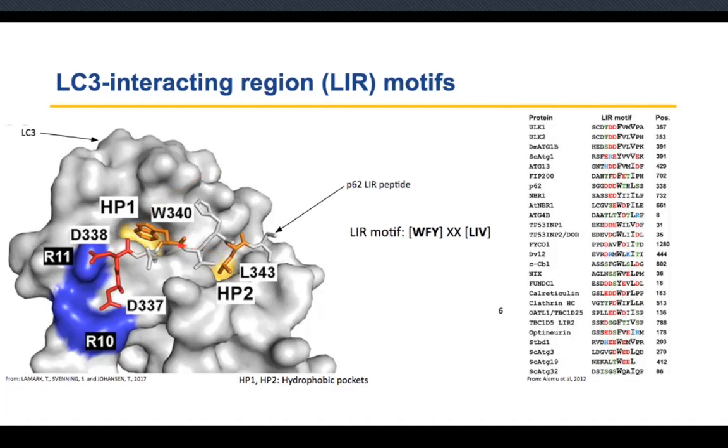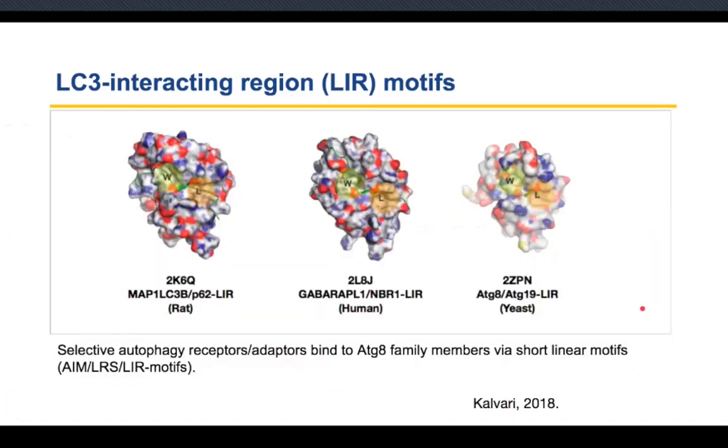These are able to dock to two distinct yet very well conserved hydrophobic pockets on the surface of ATG8 proteins. Several of these so-called LIR-motifs have been experimentally characterized in the literature. What is important is that these interactions seem to be very well conserved from unicellular eukaryotes to mammals.